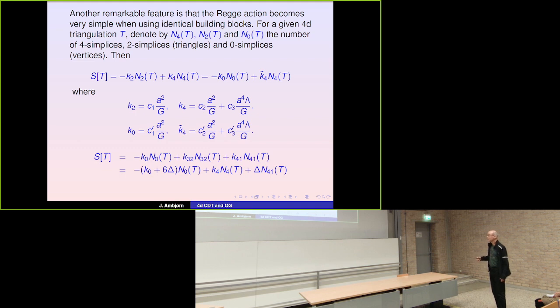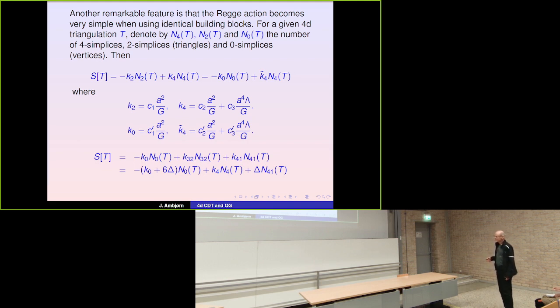And you can exchange this. There are the so-called Dehn-Sommerville relations between the numbers of subsimplices in a triangulation, which means that you can relate this to this expression here, where you exchange K2 with K0. We have usually done this, which is a mistake, I now realize, but it's too late because we have published many articles where we use K0. Nevertheless, that's how it is. So the action is amazingly simple.